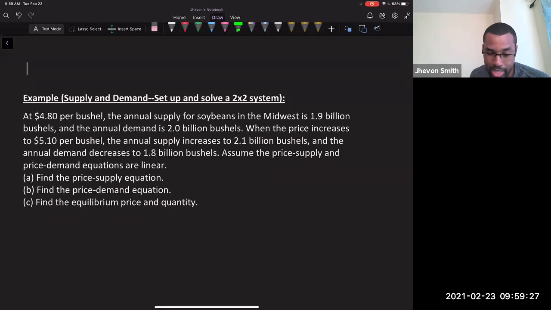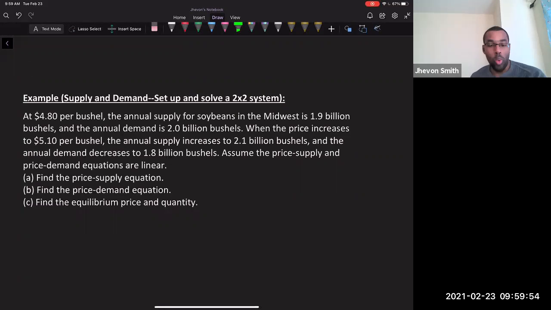The annual demand is 2 billion bushels. When the price increases to $5.10 per bushel, the annual supply increases to 2.1 billion, and the annual demand decreases to 1.8 billion bushels. Assume price-supply and price-demand equations are linear. You want to find the price-supply equation, the price-demand equation, and the equilibrium price and quantity.